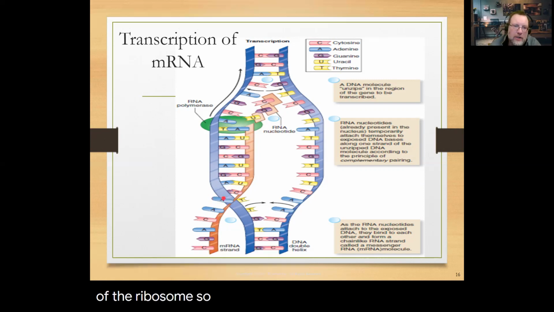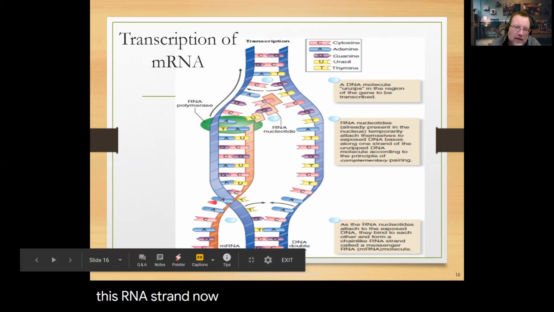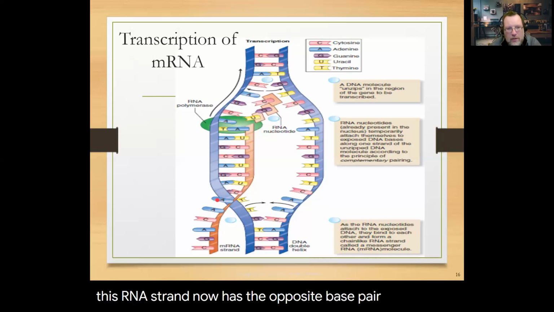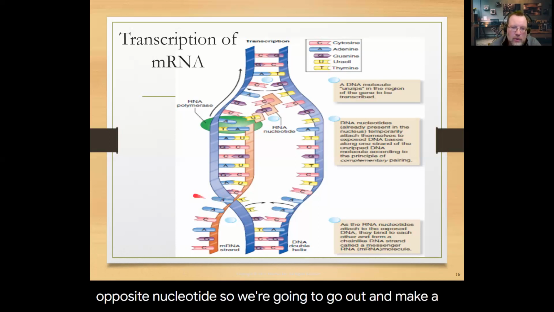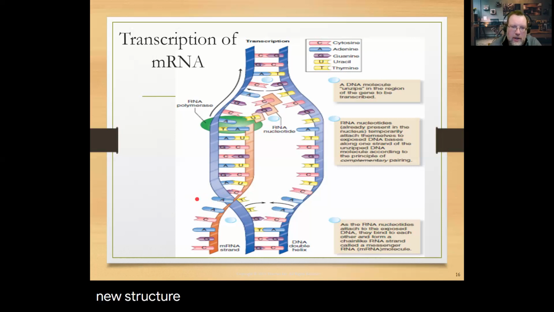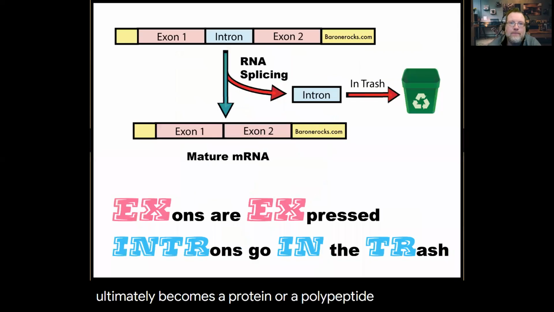So we can transcribe or make a photocopy. This RNA strand now has the opposite nucleotide. So we're going to go out and make a new structure that's going to contain the map of what ultimately becomes a protein or a polypeptide.